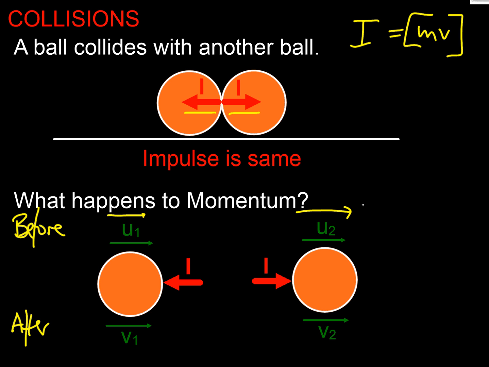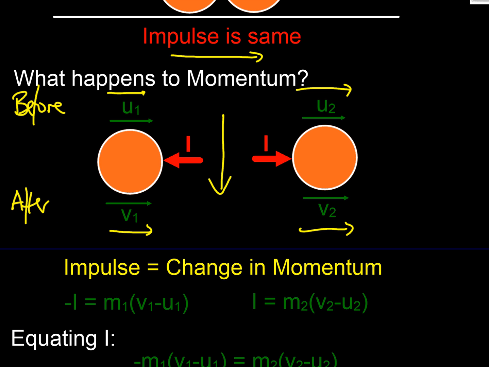I've made all the velocities travel to the right at this point because that makes life easy for us and helps us see what's going on. Afterwards they're travelling at v1 and v2 to the right. And between the before and after we get this impulse. Well, we can use the impulse equals change of momentum law to look at what happens.